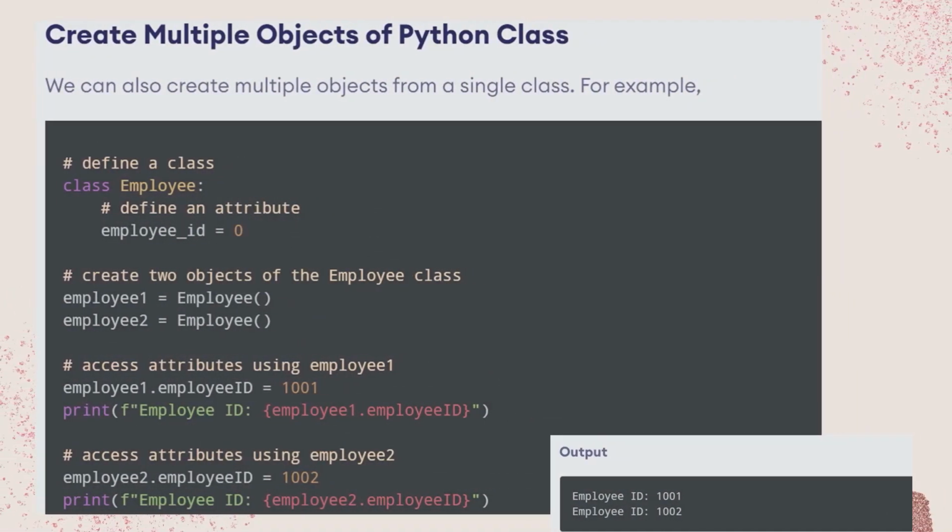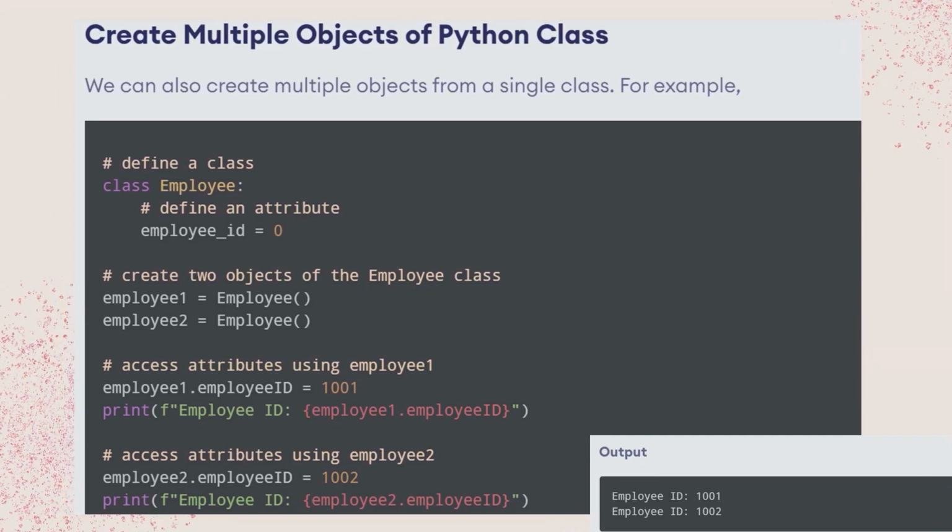So moving on to the next: how to create multiple objects of the same Python class. Earlier we have seen one example using the Parrot class. The same we are going to see with another class called Employee here, with an employee ID given as 0. I am going to create two different objects with the same class Employee. So employee1 and employee2 are the two different objects created for the same class.